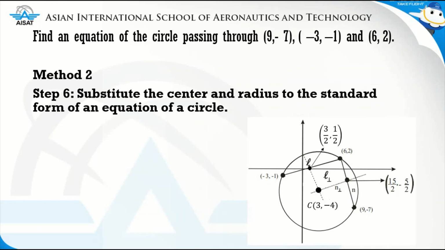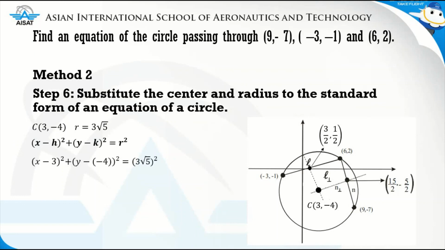So on step 6, substitute the center and radius to the standard form of an equation of a circle. So the standard equation is (x minus h) squared plus (y minus k) squared is equal to r squared. So substituting the value of the center, which is 3 for x and negative 4 for y, and our radius, which is 3 square root of 5.